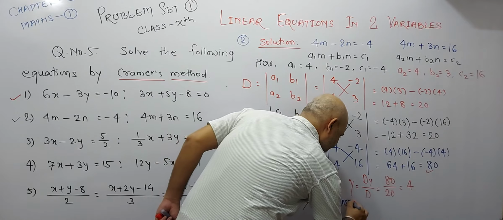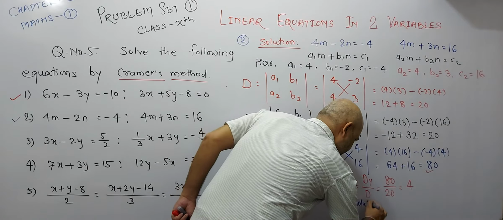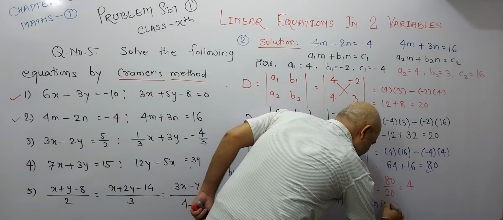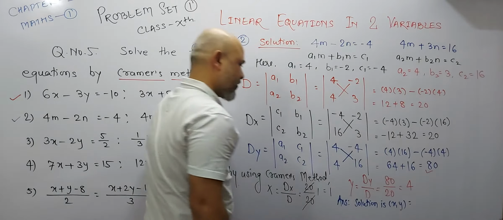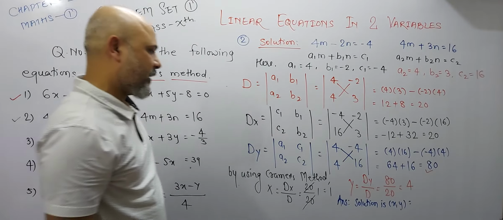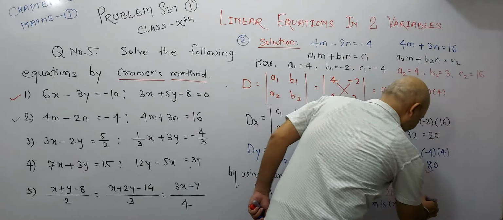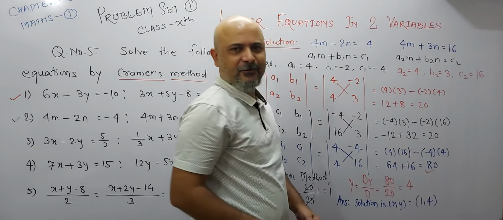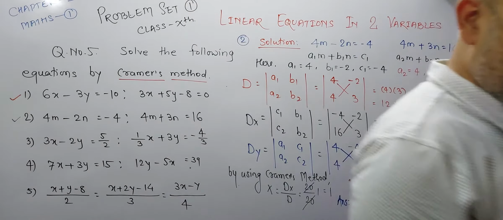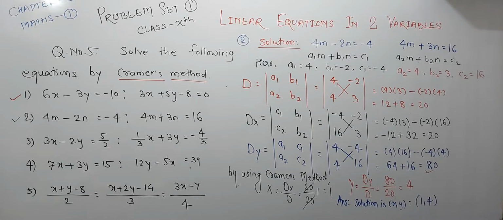The solution is x comma y, where x is 1 and y is 4. Okay students, so this is the second question of question number 5. Our solution is 1 comma 4.